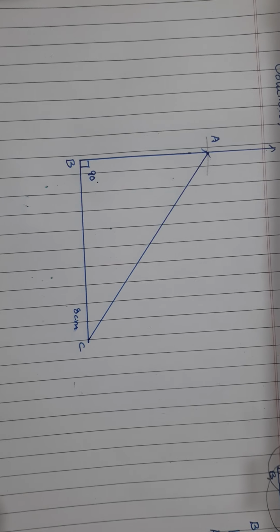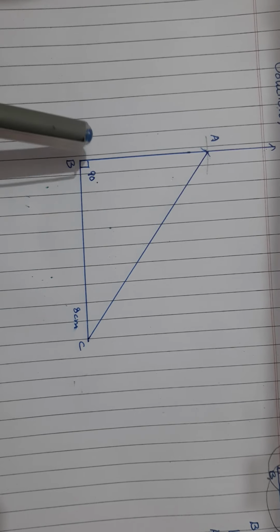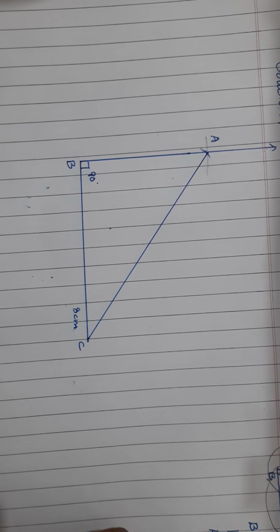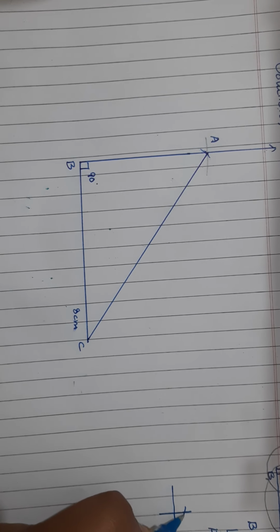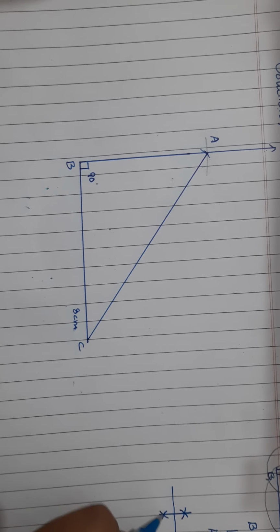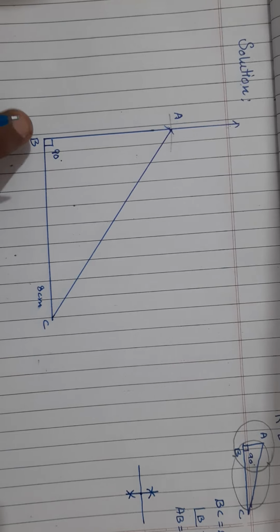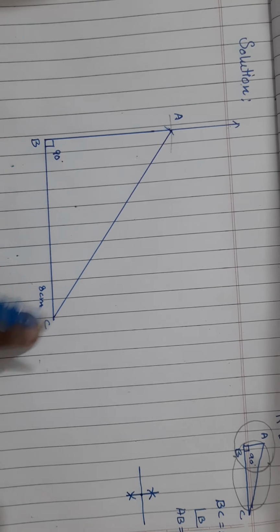So you have to draw, this is B point, this is AC. From this B point, you have to draw the perpendicular. Perpendicular means what? This is one line. You cut one perpendicular arc, you will get an intersection point. Like this you have to draw one perpendicular line from B on AC.